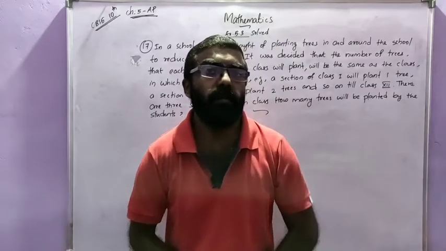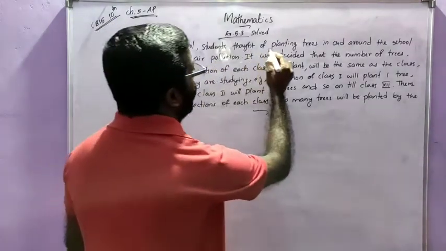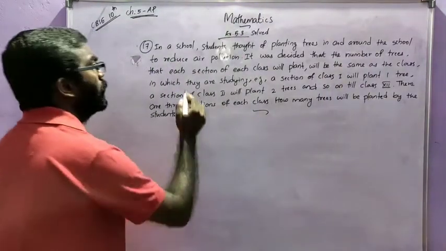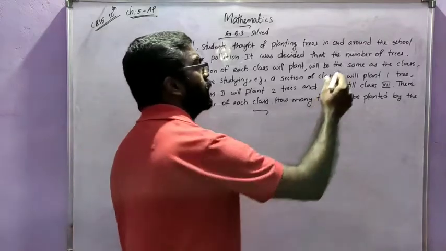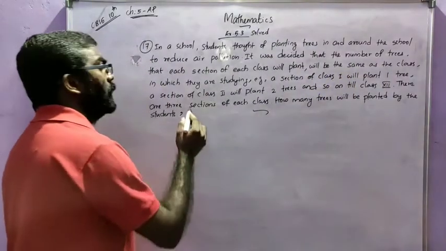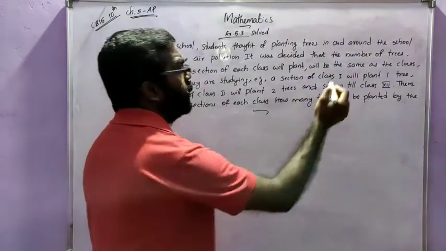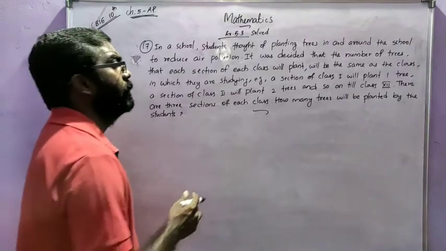Now we move on to question number 17. In a school, students thought of planting trees in and around the school to reduce air pollution. It was decided that the number of trees that each section of each class will plant will be the same as the class in which they are studying.